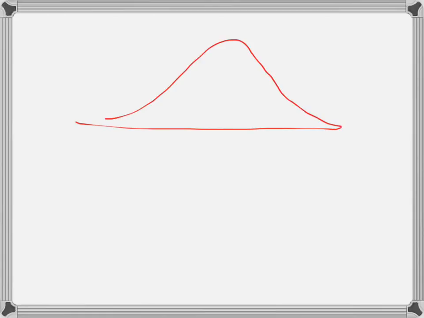Let's suppose that the IQ scores follow a normal distribution, and this is the population, so this is one person, with a mean of 100 and a standard deviation of 15. So you can imagine adding a couple standard deviations to the right, a couple standard deviations to the left.